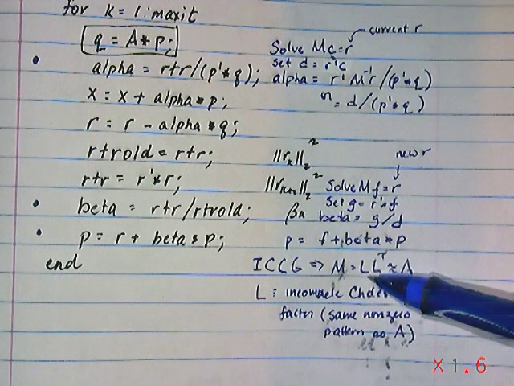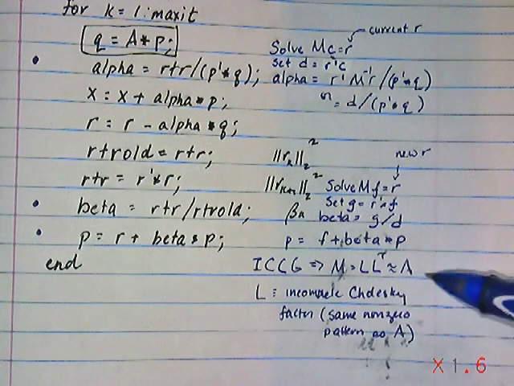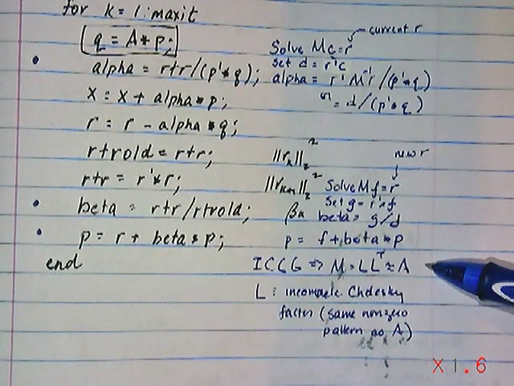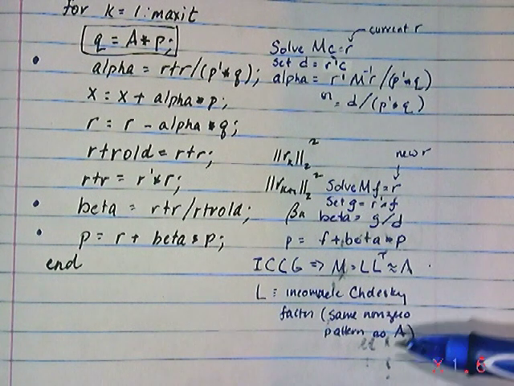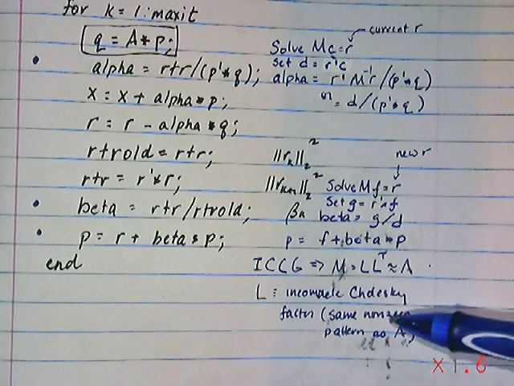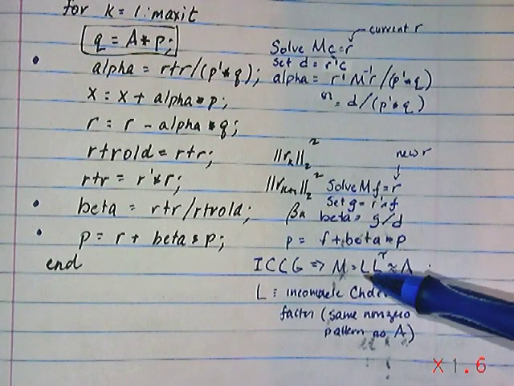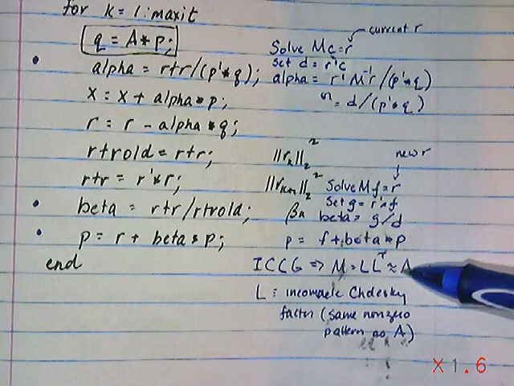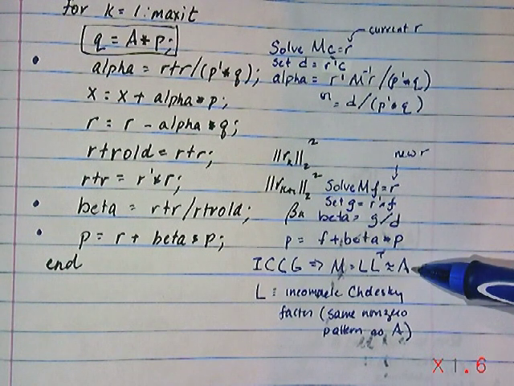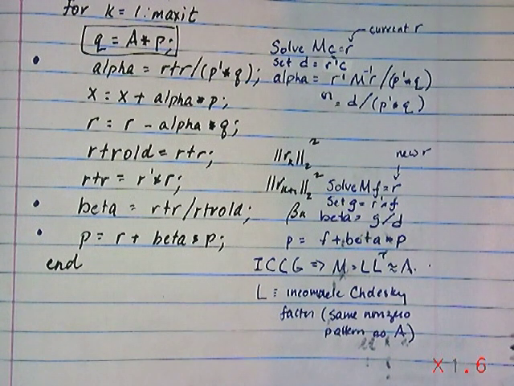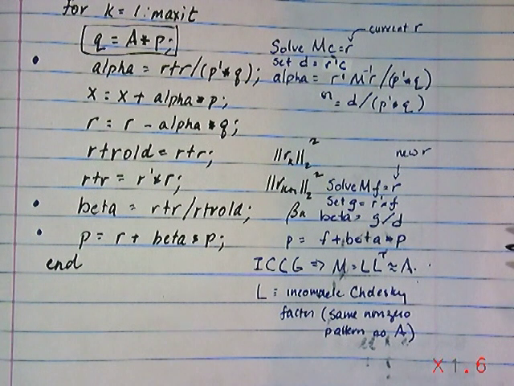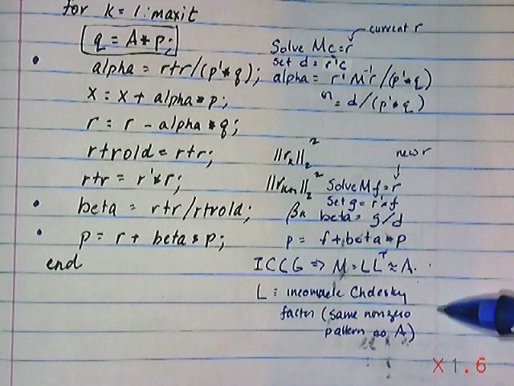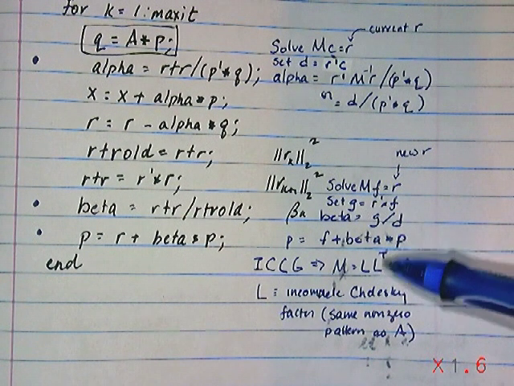You cannot put any values into this L matrix that don't correspond to non-zeros in the original A. So there can be no fill, which is why some people call it a no-fill factorization. The L matrix here has the same non-zero pattern as the lower triangular part of A, and the same thing for L transpose, because of course A is symmetric. So that's how incomplete Cholesky would work.